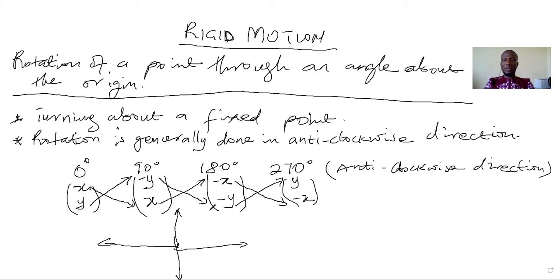So the relationship between anti-clockwise and clockwise rotation is that as you move from 0 degrees here to this which is 90 degrees anti-clockwise, if you are facing the same 0 degrees here and you are to come and face here, but this time using the clockwise direction, you see that you move here 90, come here 180, and then 270 before you are facing the same direction.